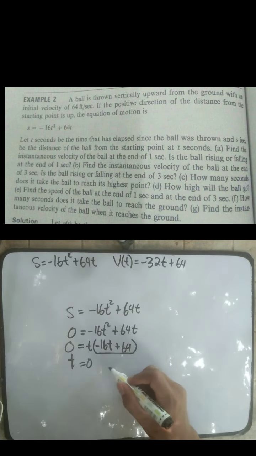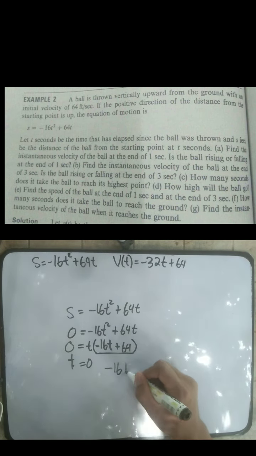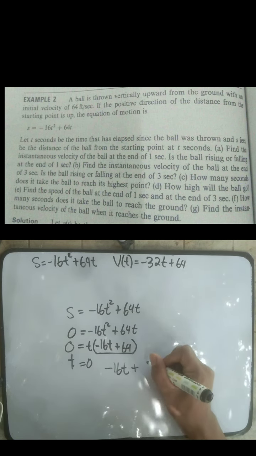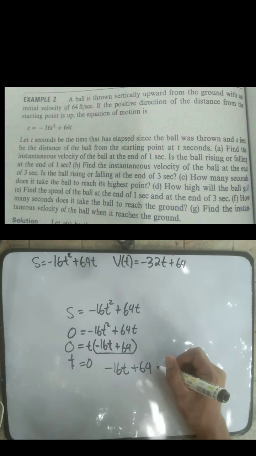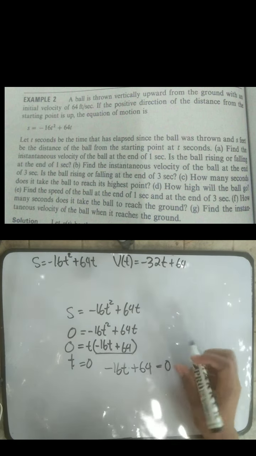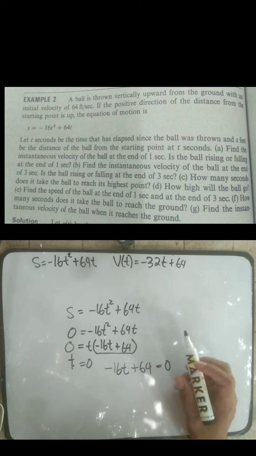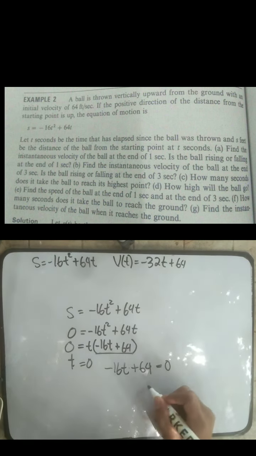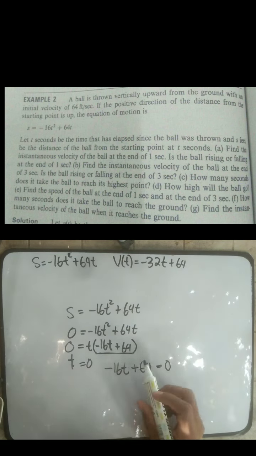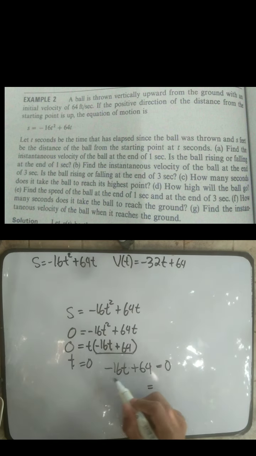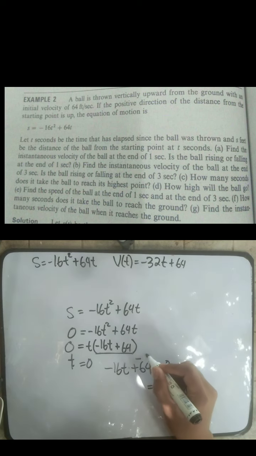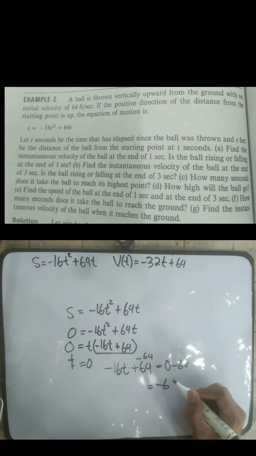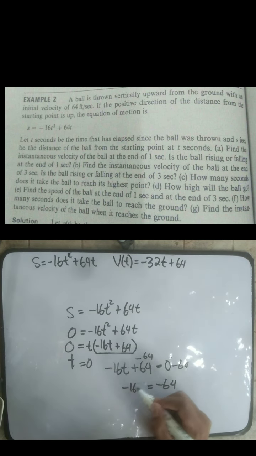Let's say negative 16t plus 64 is equal to 0. Subtract 64 from both sides, so we'll get negative 16t equals negative 64.